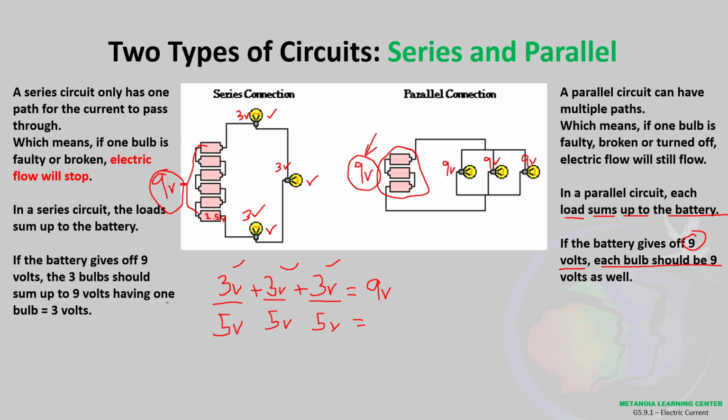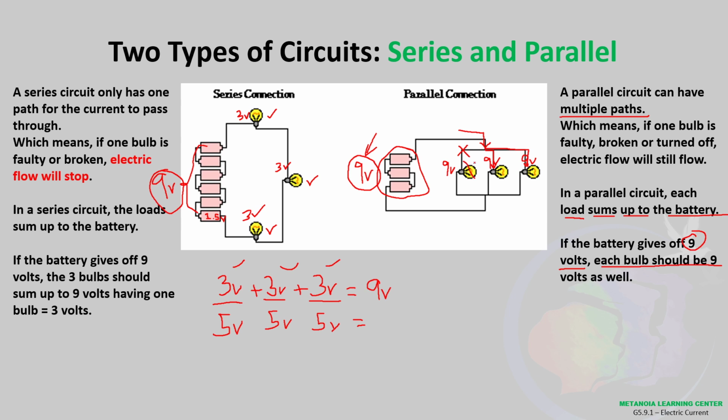So then again, a parallel circuit can have multiple paths, which means if one bulb is faulty, broken, or turned off, electric flow will still flow. It will still be present. Dadaan pa rin yan. Kasi at this point, let's say i-cut natin tong wire dito. If you notice that there is still electric flow here, dadaan pa rin yung kuryente dyan.